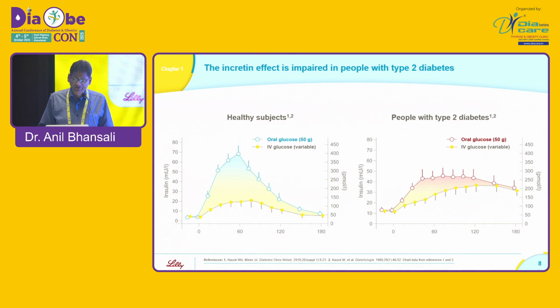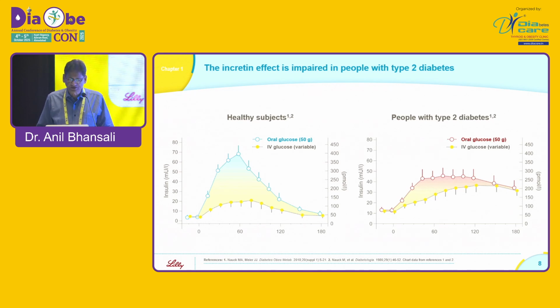The reason for resistance to GIP is possibly the insulin signaling mechanism at the beta cells. It is defective. That's why GIP is not able to stimulate insulin even in the presence of higher concentrations of GIP.